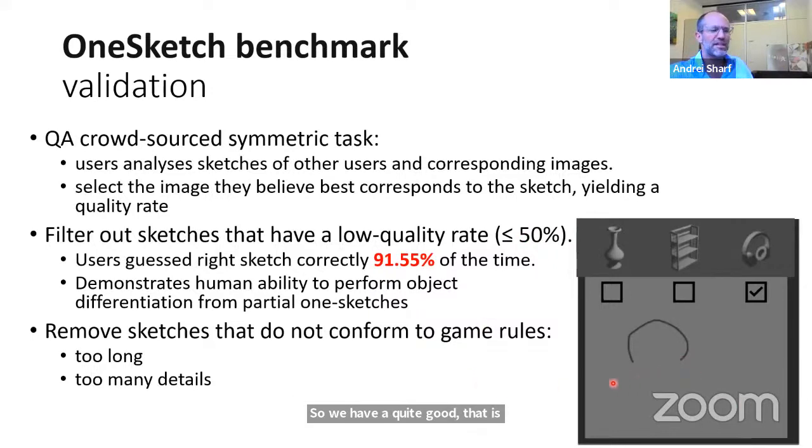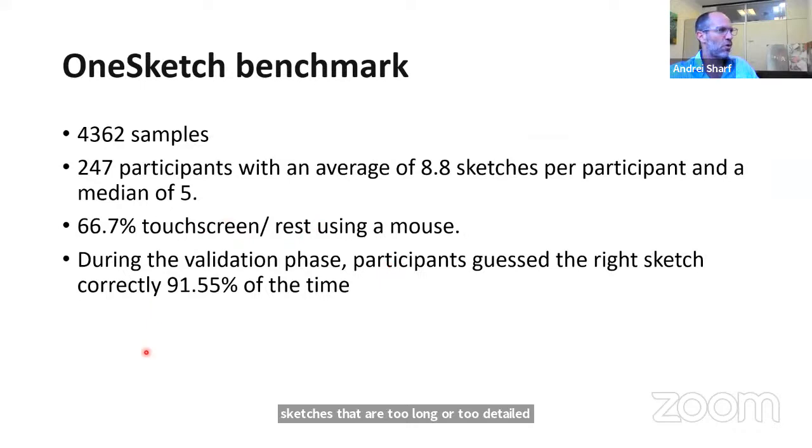We also removed sketches that are too long or too detailed. So we ended up with a benchmark which holds something around 4,500 samples taken from 250 participants, each drawing on average 8.8 sketches.